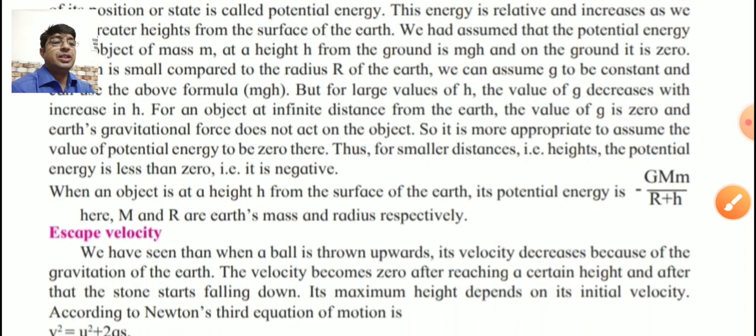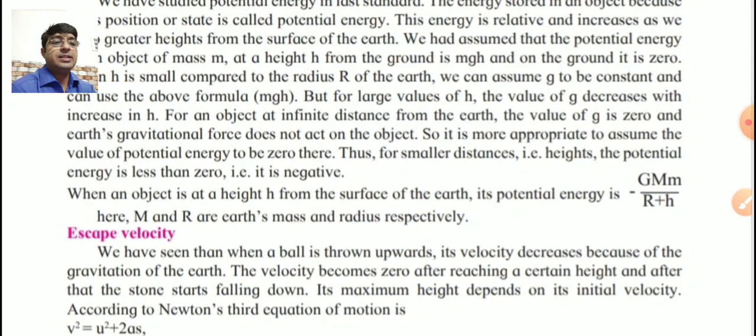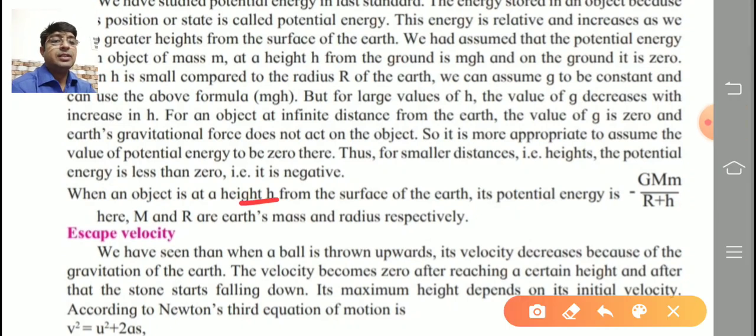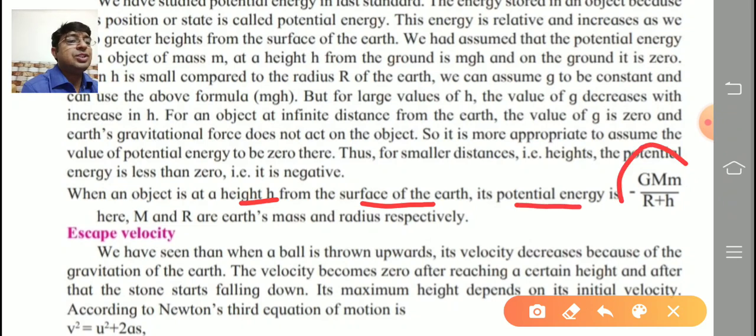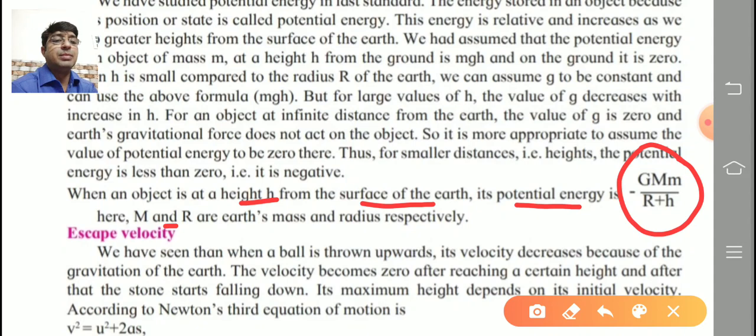When an object is at height h from the surface of the earth, potential energy is minus GMm upon R plus h. Here capital M means mass of the earth and capital R means radius of the earth.